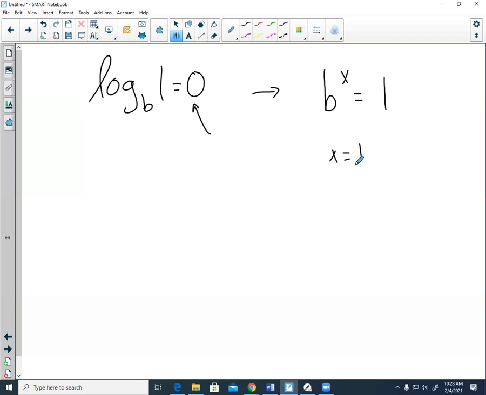This one's a little bit different, but not really. This one, log base b of b. Again, use the same concepts, the same idea, to try to tell me what log base b of b is.